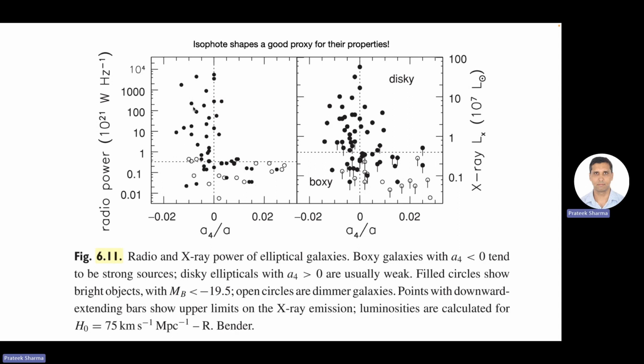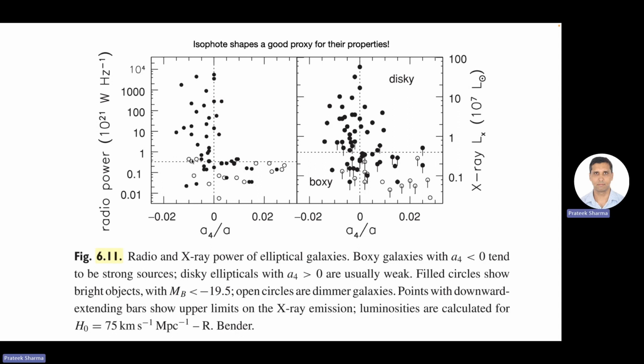As I told you, more massive galaxies are boxy, so they host radio. Basically, this power is coming from the supermassive black hole at the center. Similarly, they are also luminous in X-rays, and you can see a similar correlation. There are a lot of such correlations, and the aim of galaxy studies is to understand them from more basic physics.